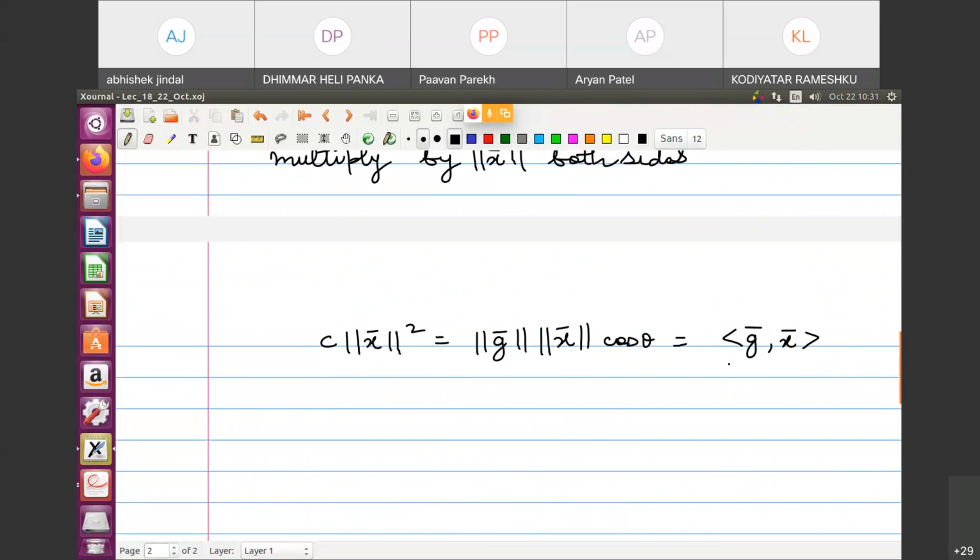So this is the inner product, and it can be defined in this manner.